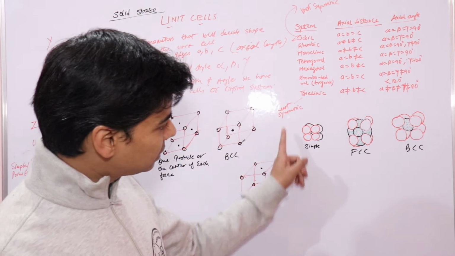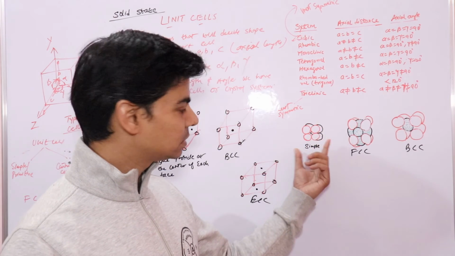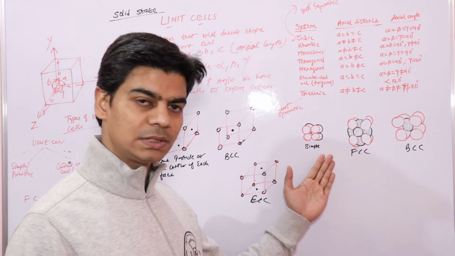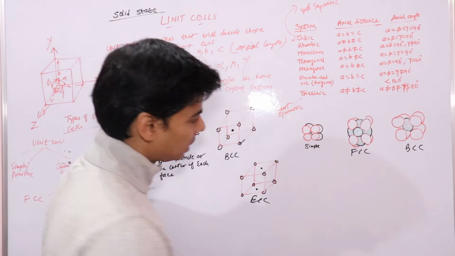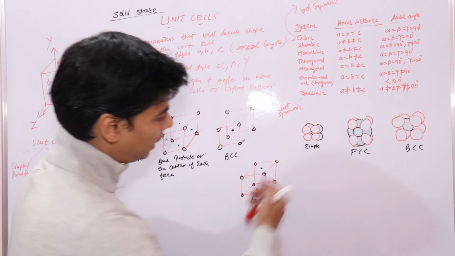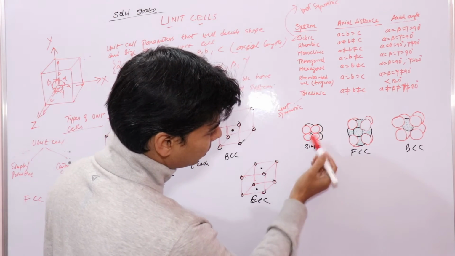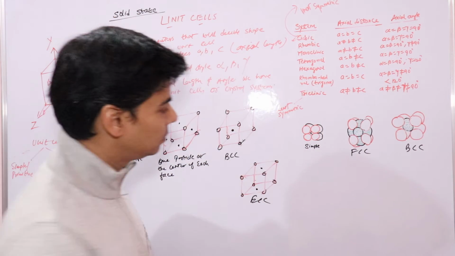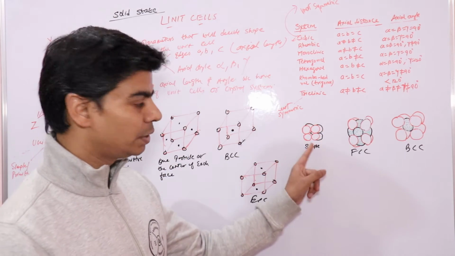If you look at these spheres, these are 3-dimensional diagrams. The red spheres are in the front, and the rest of the 8 spheres that are behind the red spheres are shown in black.